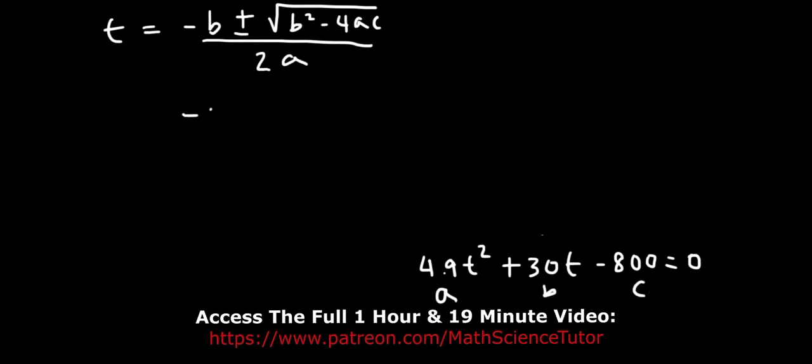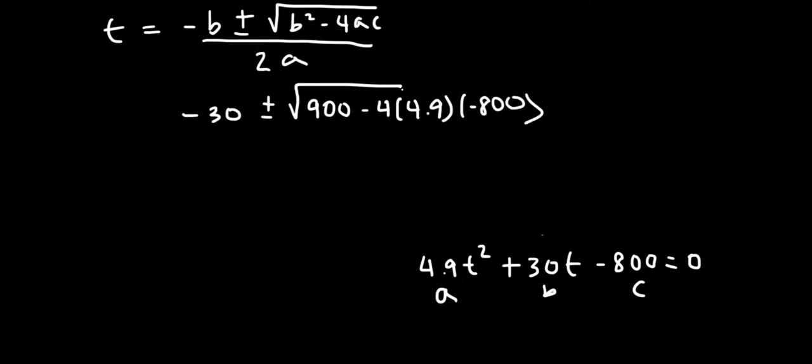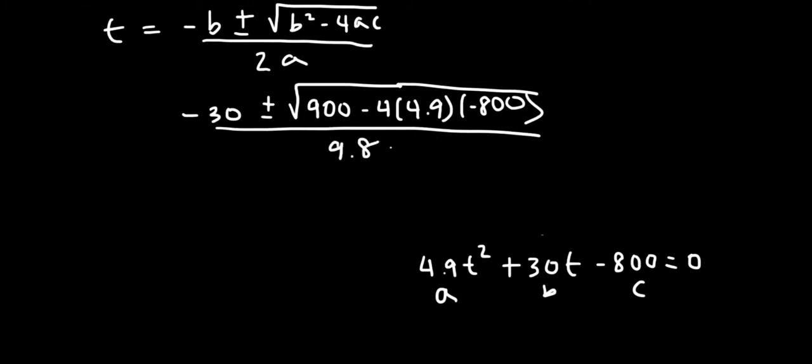So this is going to be negative 30 plus or minus the square root of 30 squared, which is 900, minus 4 times a, which is 4.9, times c, which is negative 800, divided by 2a, or 2 times 4.9, which is 9.8.